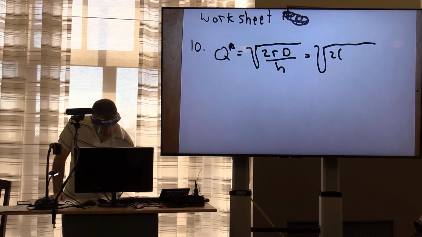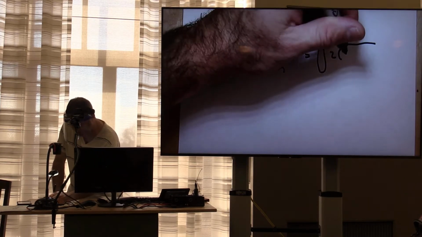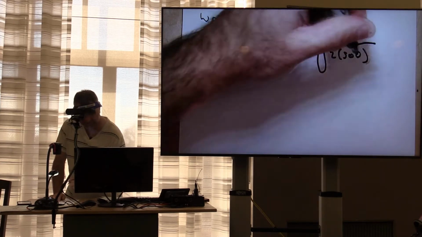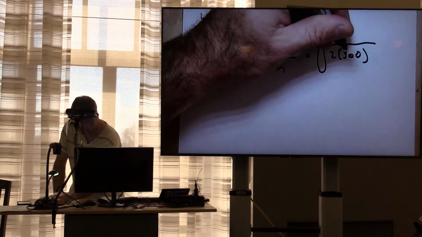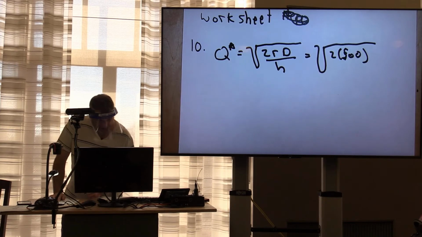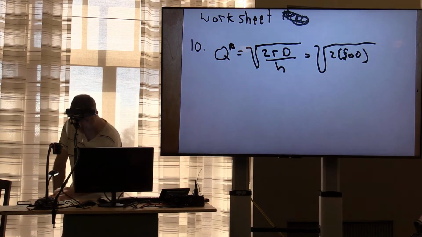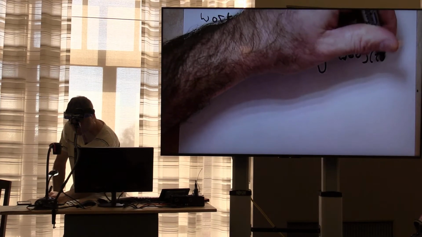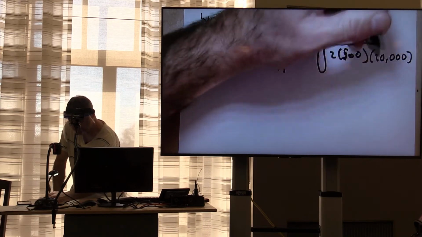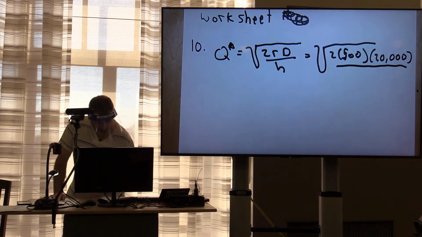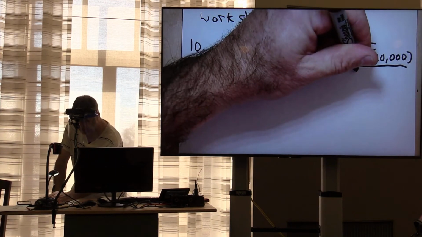We say R is 500. And this is a 5, I'll try to write better. And D is 20,000. And then H is 5.